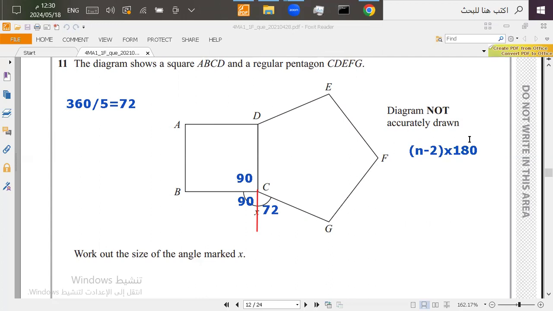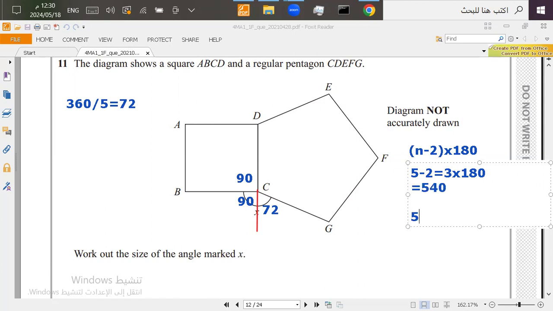If you followed the other method, you're going to say 5 minus 2 equals 3. And then you take the 3 multiplied by 180, and you'll end up with the sum of the angles, which is 540. You divide it by 5, and you'll get 108, which is the interior angle. And then you say 180 minus 108 equals 72.